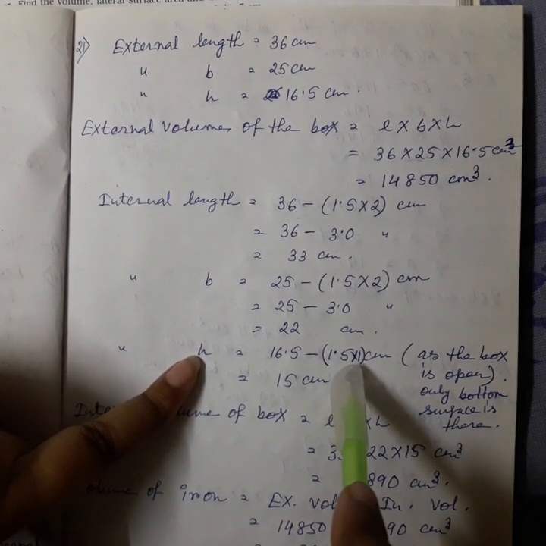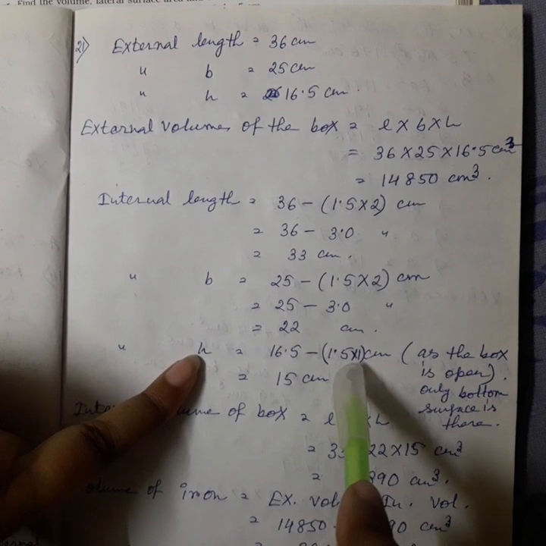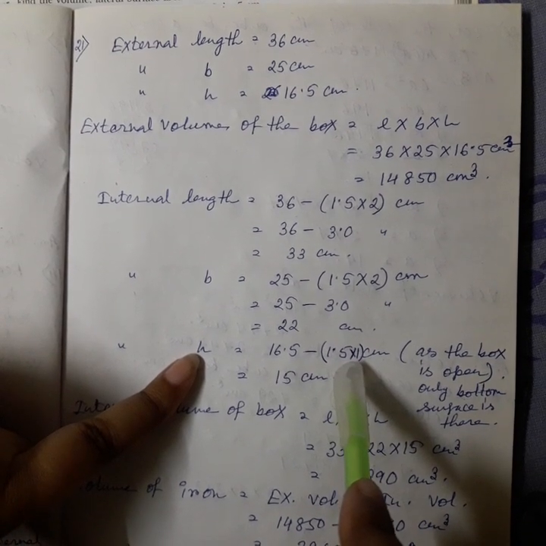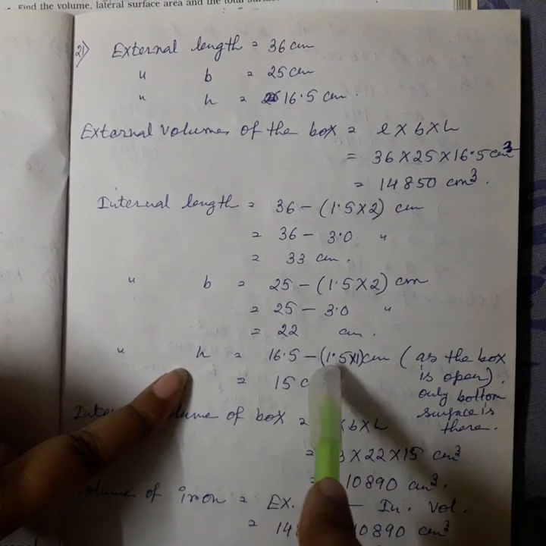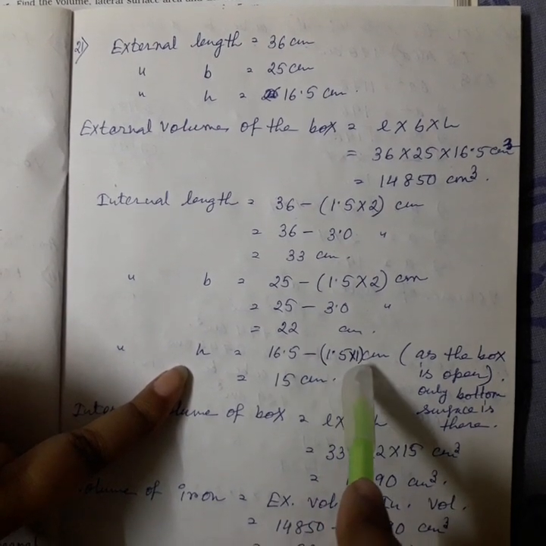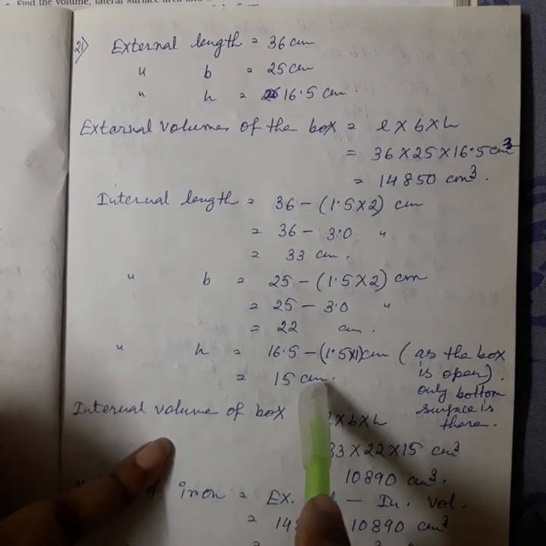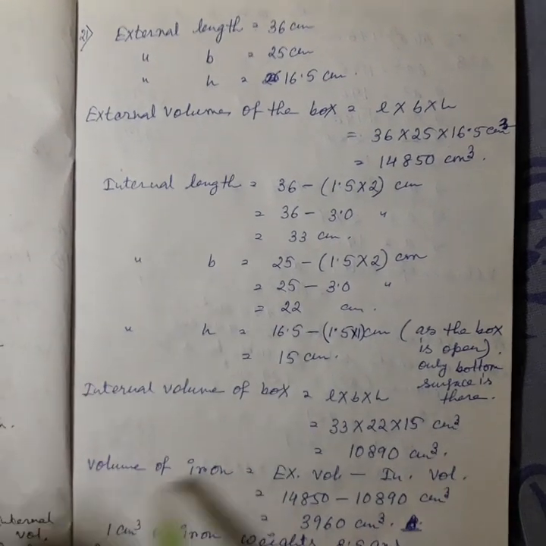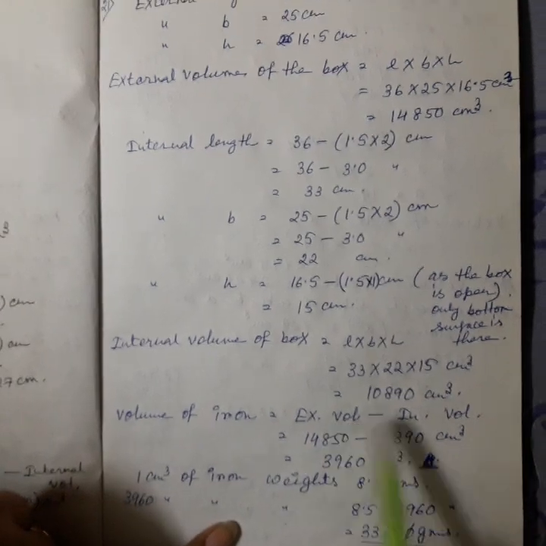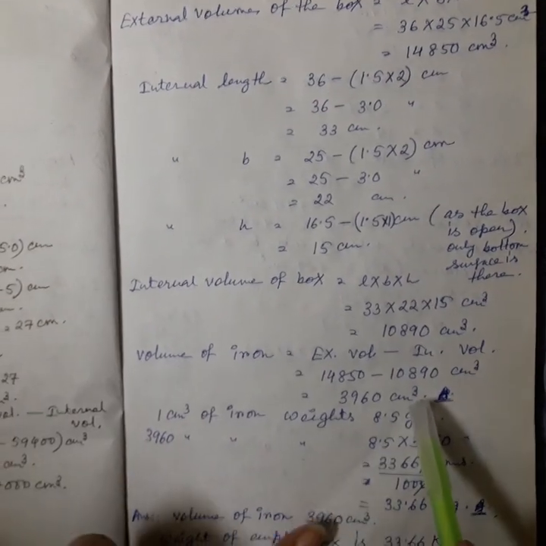Why is it 1? Because only the bottom surface is there, the top surface is not there. That's why 16.5 minus 1.5 into 1. So it's coming 15 cm. We will find the internal volume of the box, and then the volume of iron will be external volume minus internal volume. So this is coming.